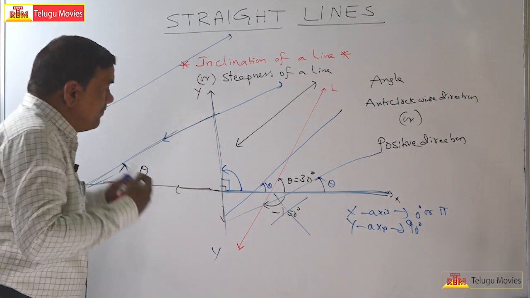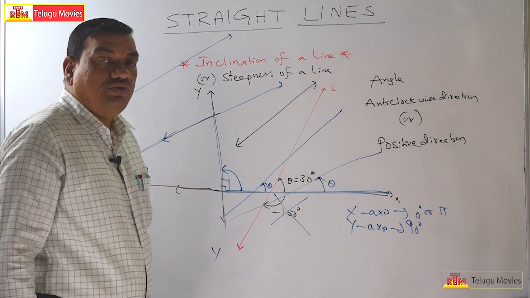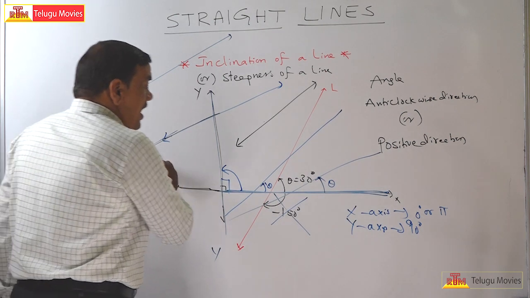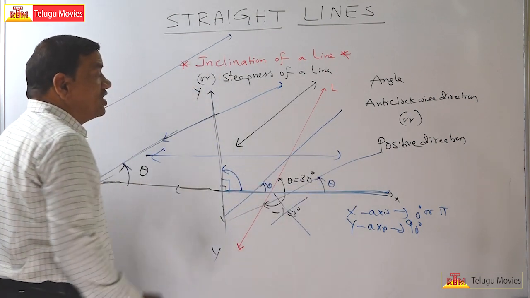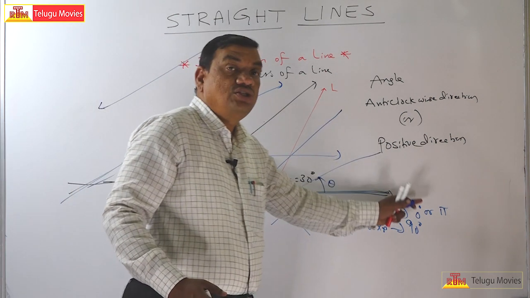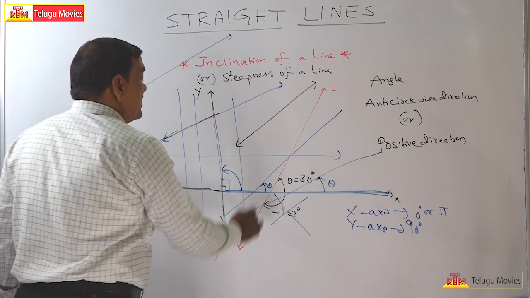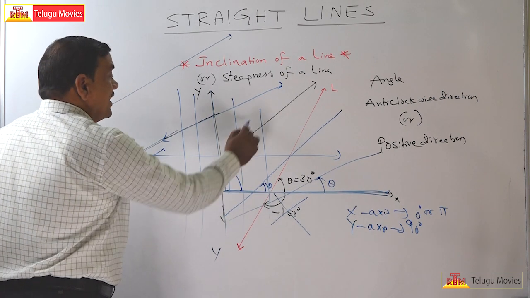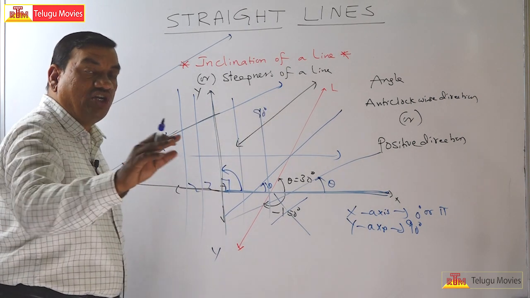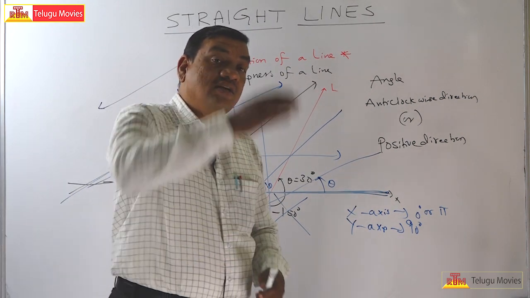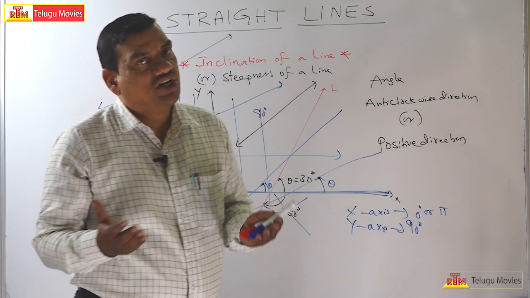From this we can say, for any horizontal line, the inclination is 0 degrees. For any vertical line, the inclination is 90 degrees.